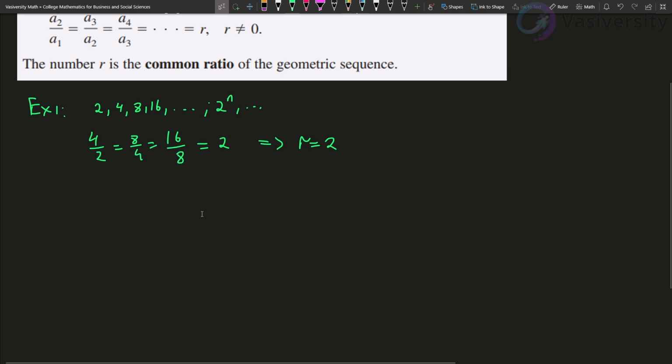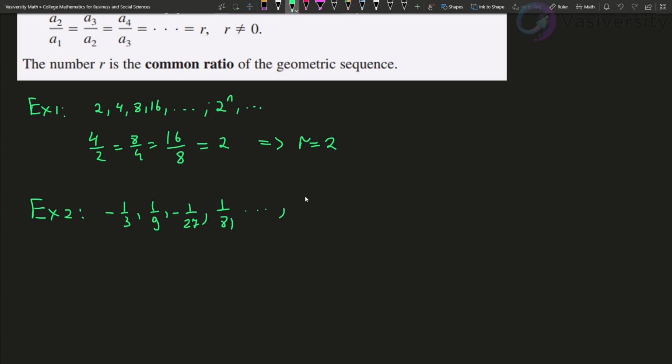Okay, how about this example? We might have negative 1/3, 1/9, negative 1/27, 1/81, and so on. It's negative 1/3 to the power of n.